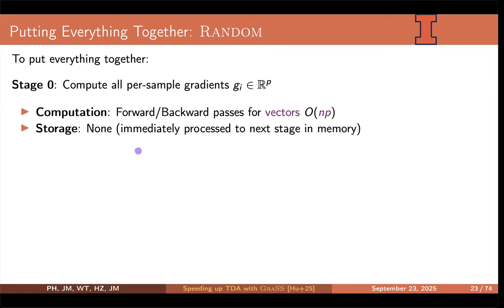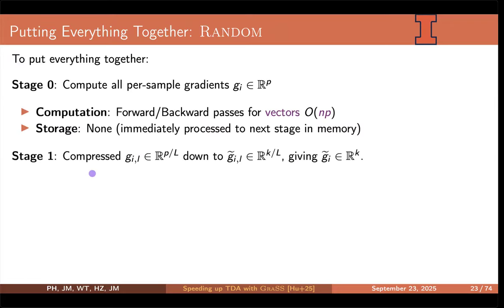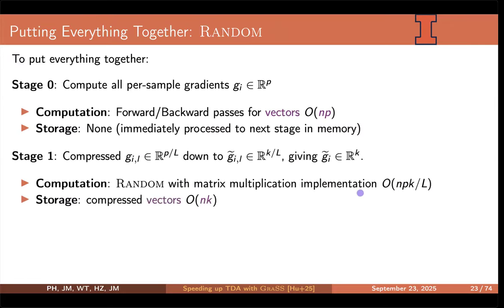And storage-wise, we're not going to store them. Instead, we're going to compress them immediately. So we know it will take us npk over L by random, and we are going to store them in only O(nk) space, because now we're only storing these compressed gradients, which are of size k.